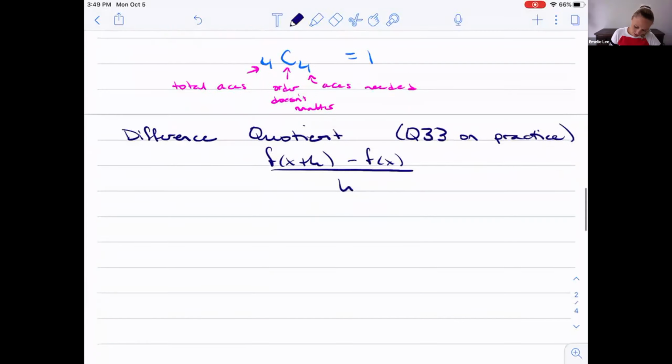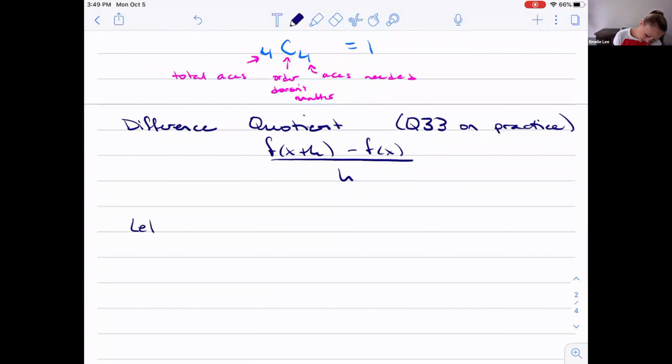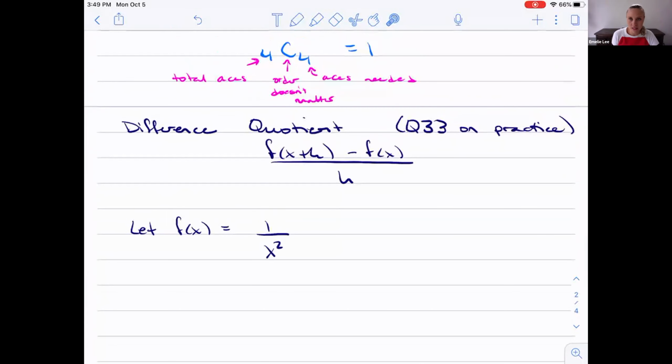Okay, so for the difference quotient, if we let f of x be 1 over x squared, there are a couple of different approaches we could take. We could figure out what f of x plus h is on its own. f of x we already know, right?